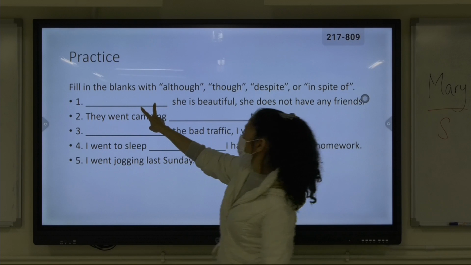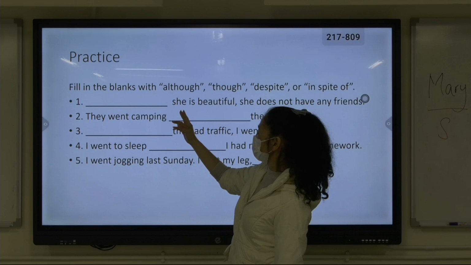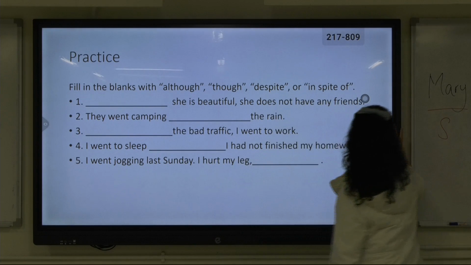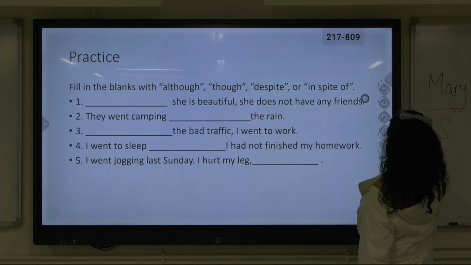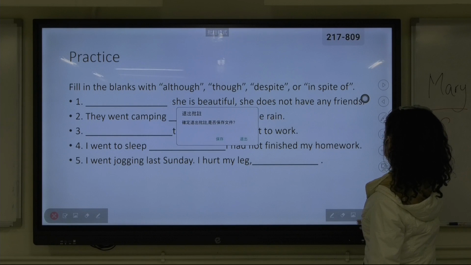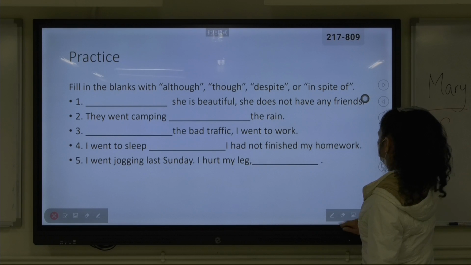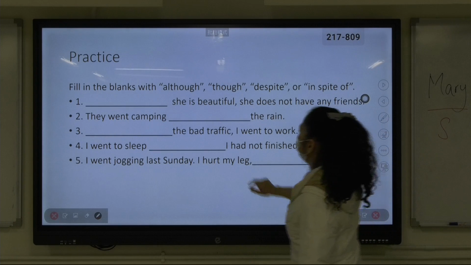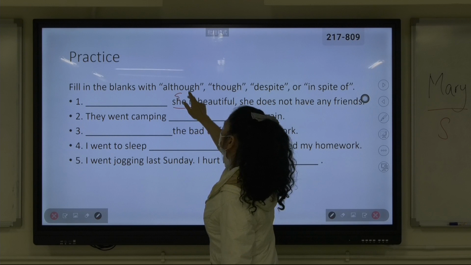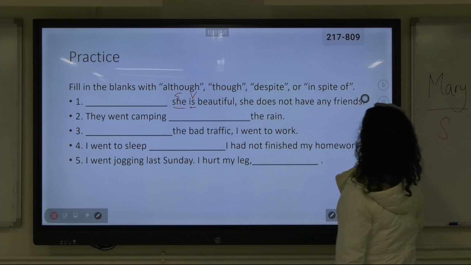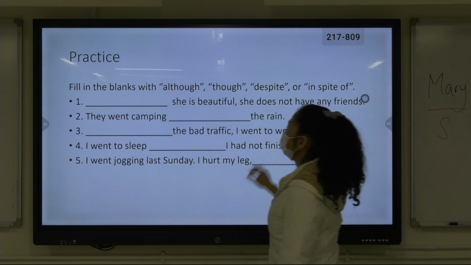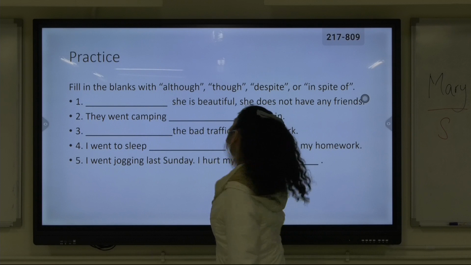So here, after these, do we get the subject and verb or a noun? The subject is she, and the verb is is. So that's one: either although.